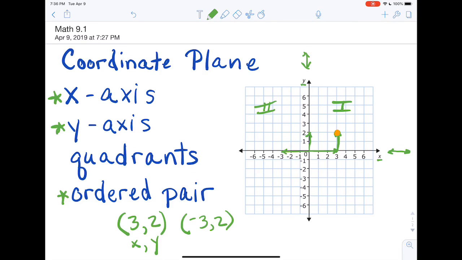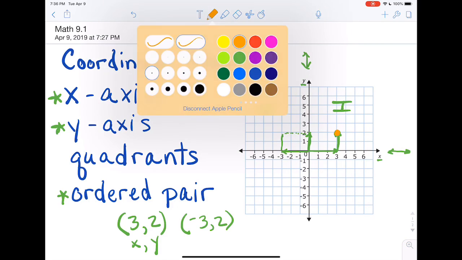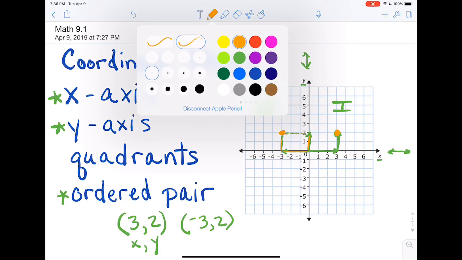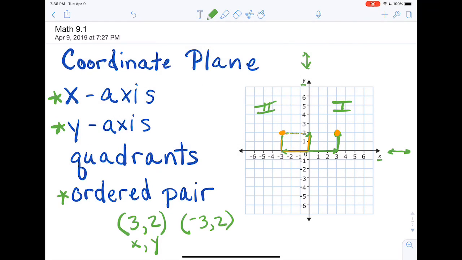You can either go over 3 and then up 2 right where you are, or you can go over 3, up 2, and you can kind of go, okay, here's where they meet, right there, and then put a dot there. So you can either go over on the x and then just go up from the x, or you can go over on the x, go up on the y, and then find where they meet. Either one will work for you. You just need to be consistent. Okay, that's the second quadrant.